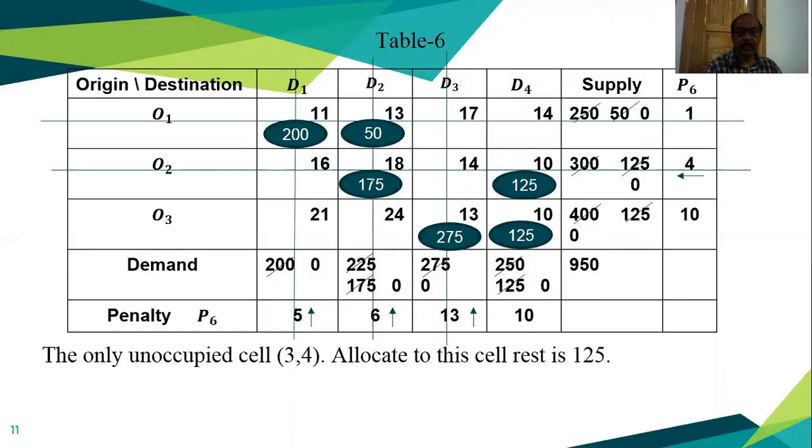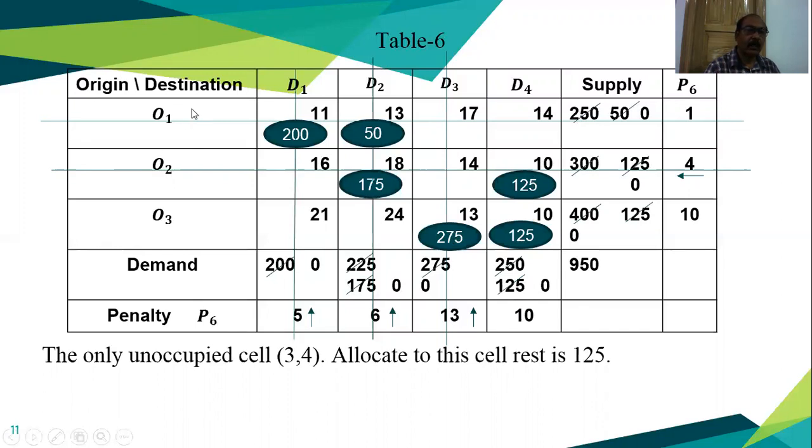Now you have to check whether our initial basic feasible solution is degenerate or non-degenerate. How many allocations are there? 1, 2, 3, 4, 5, 6. The number of allocations N is equal to 6.